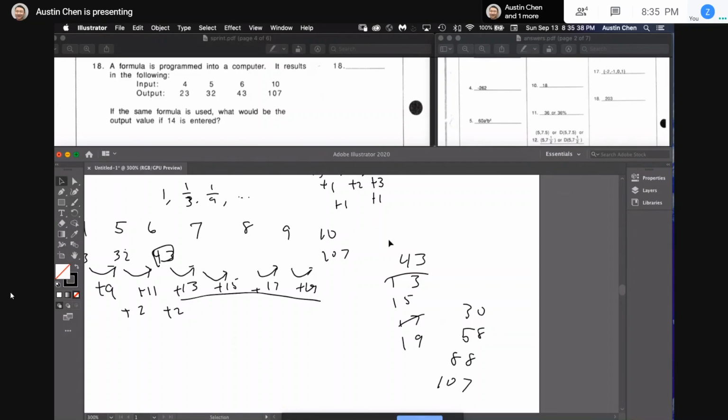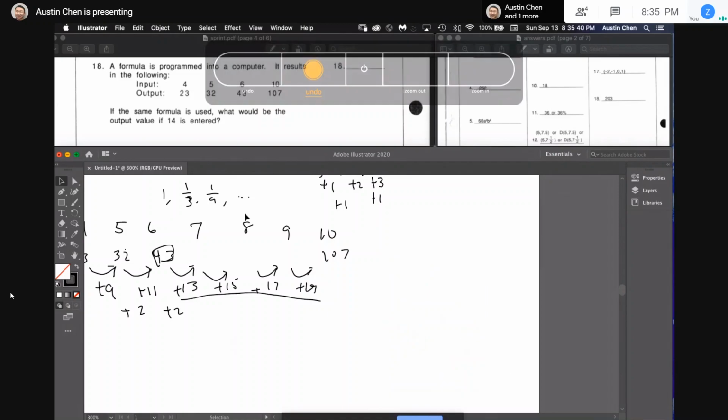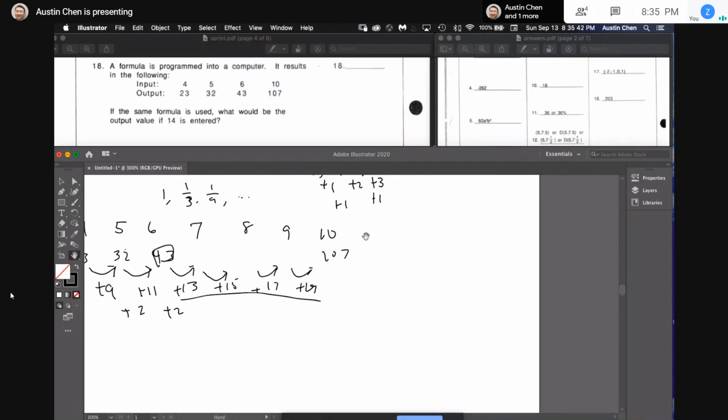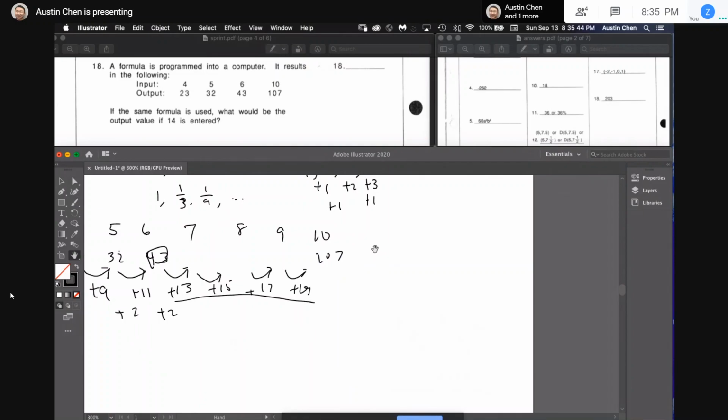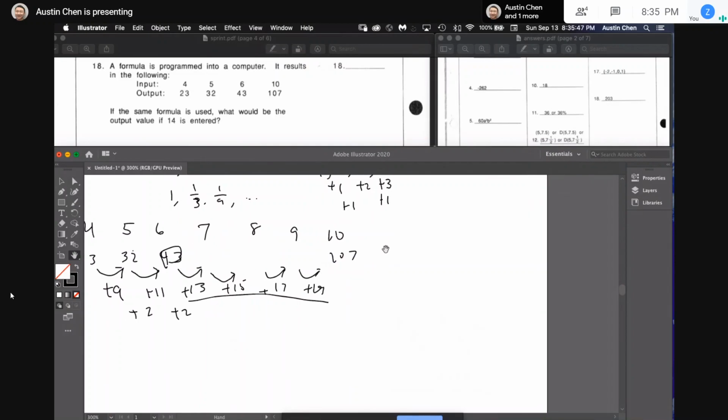If you're trying to brute force the equation, yes, but there is something you can notice. I don't know if you guys will be able to notice it or not, but if you can, then you would probably be able to get the equation faster. Notice what?